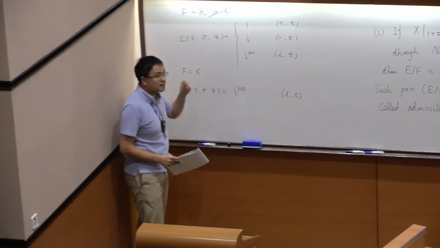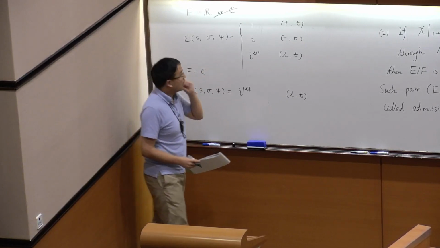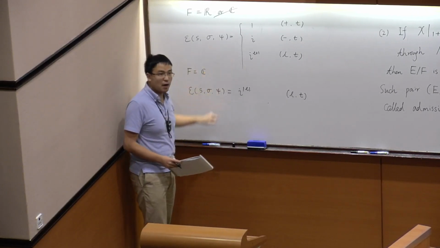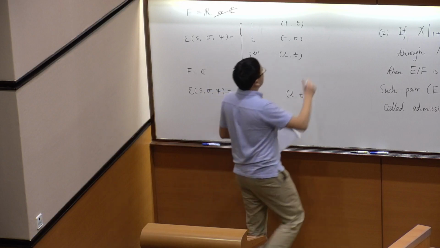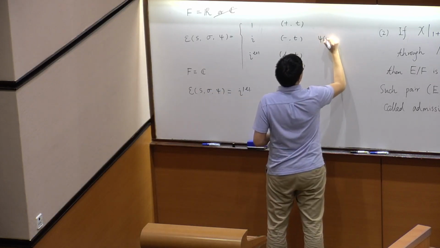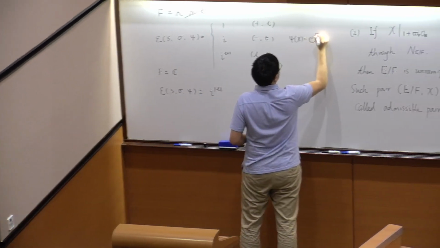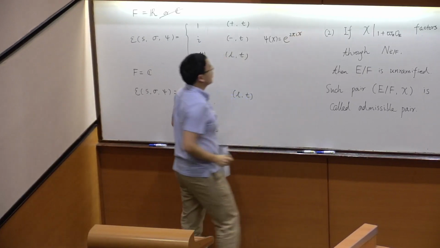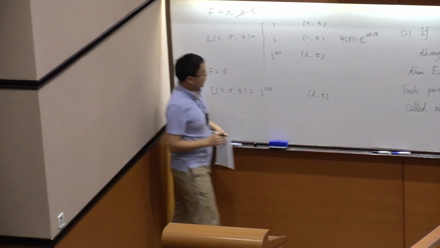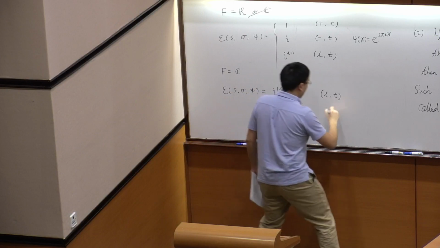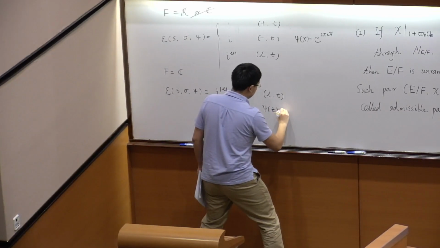And here are the precise additive characters for the real numbers and the complex numbers. For the first one, the psi is given by an exponential function. And the second one is over the complex numbers composed with the trace.